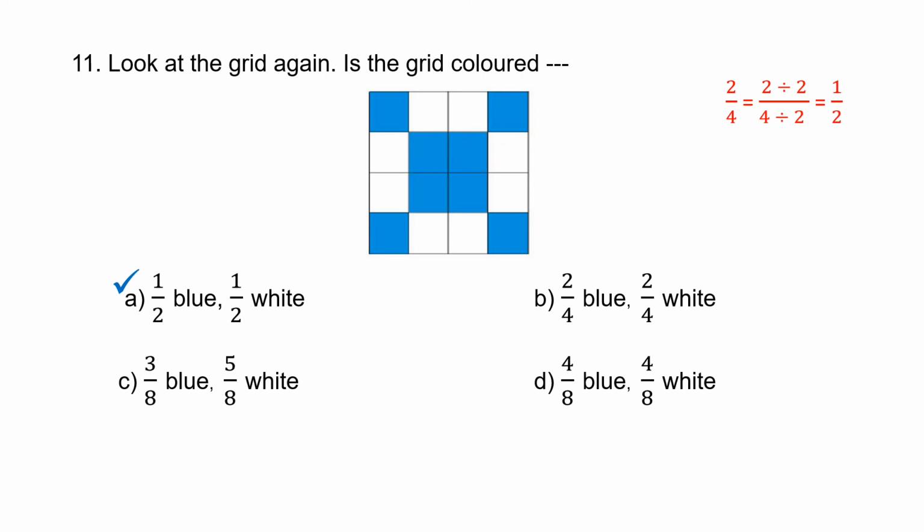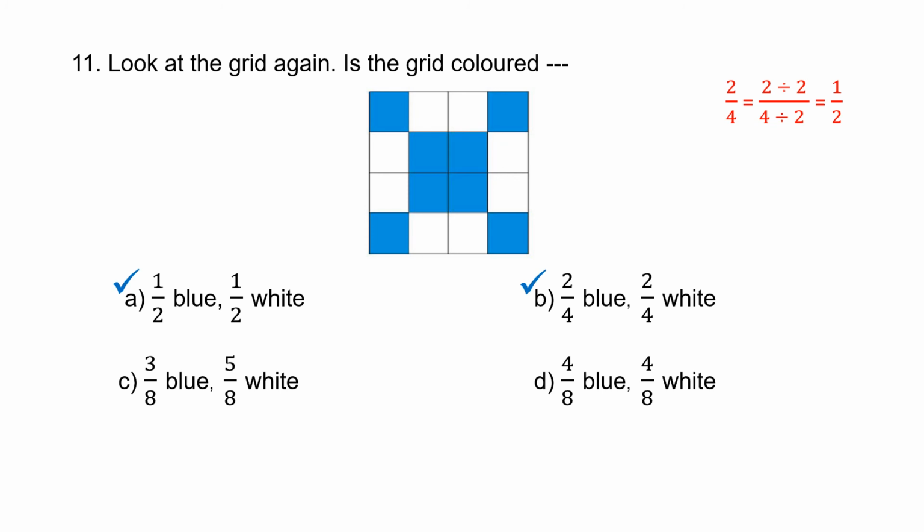Here we are dividing by 2. 2 divided by 2, 4 divided by 2. We know that 2 ones are 2, 2 twos are 4. That is 1 by 2. So 2 by 4 blue means 1 by 2 blue. 2 by 4 white equals 1 by 2 white. So the option B is also correct.